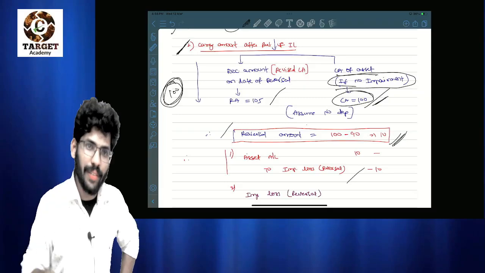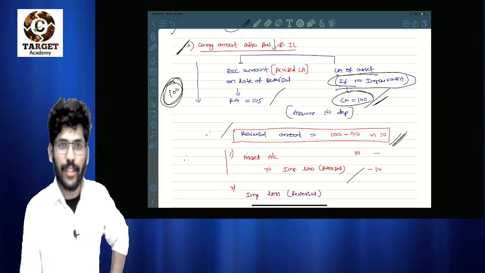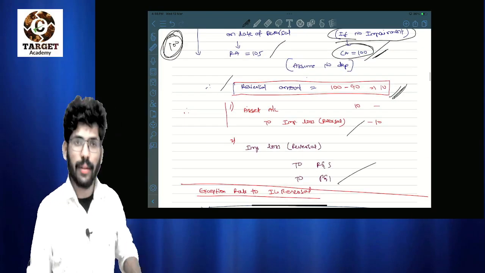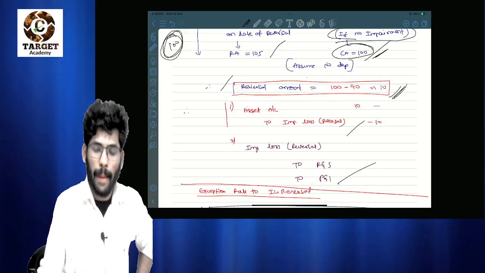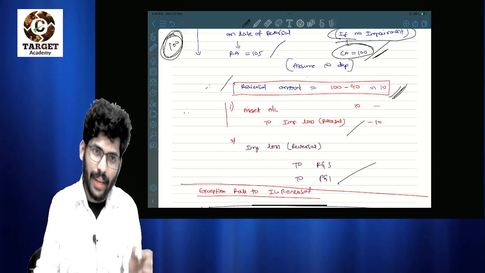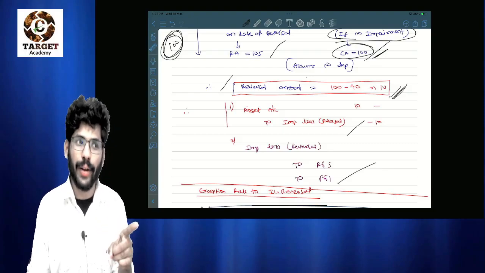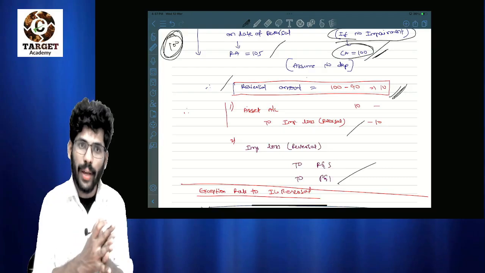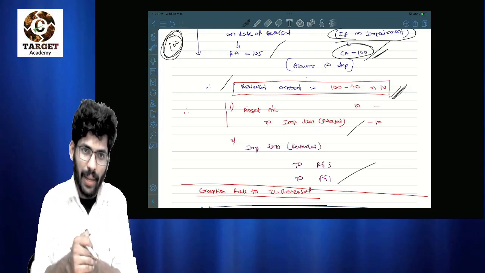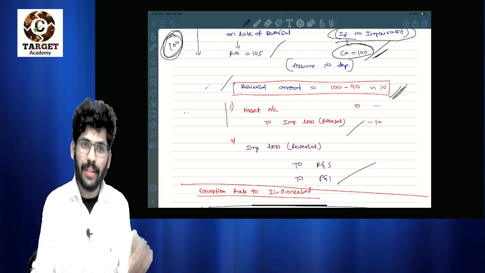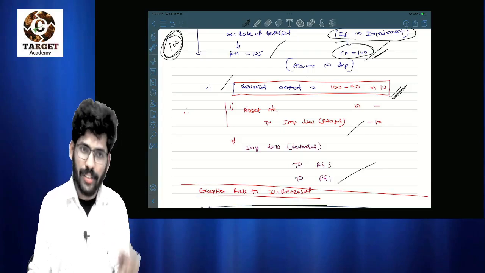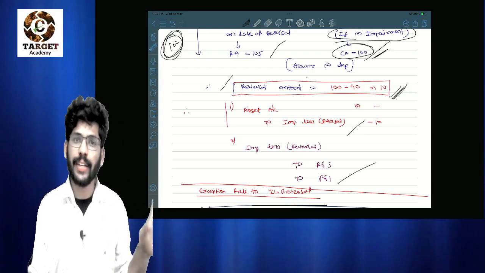This impairment loss reversal should generally be transferred to P&L. But in case we had any revaluation surplus in previous years, that impairment loss should be adjusted to revaluation surplus. This point we already discussed, correct or not?